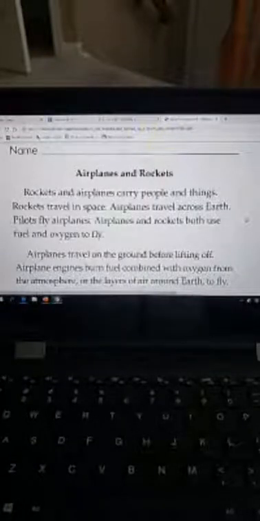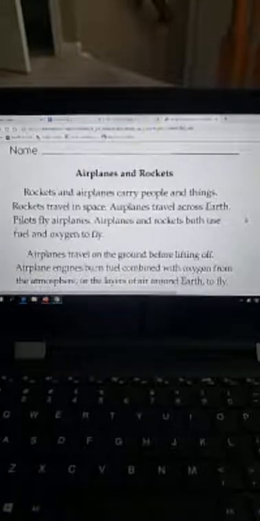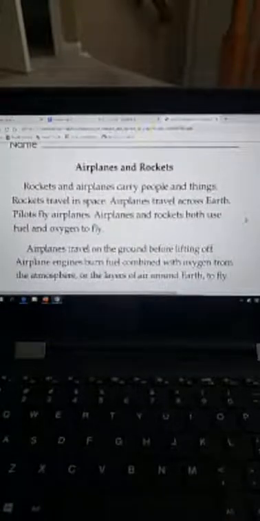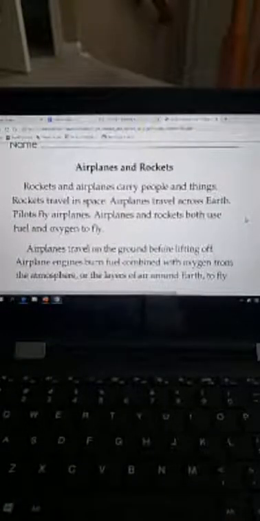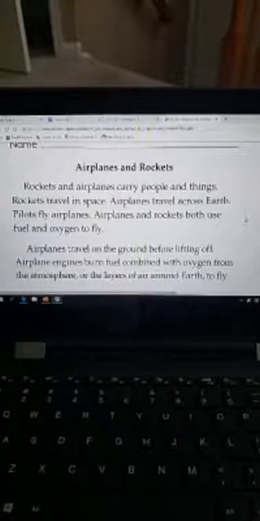We did the first part together. Airplanes travel on the ground before lifting off. Airplane engines burn fuel combined with oxygen from the atmosphere, or the layers of air around Earth, to fly.